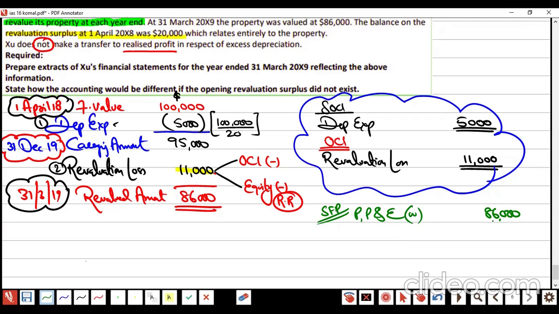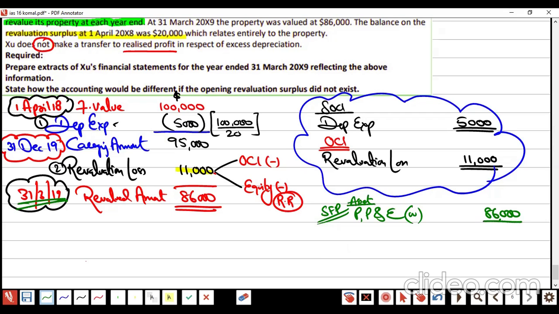No. Why no? Because this 86 is already at the year end, so already the depreciation being charged, so no need to charge it again, right? Because it's again the revaluation at the end of the year. That is correct.